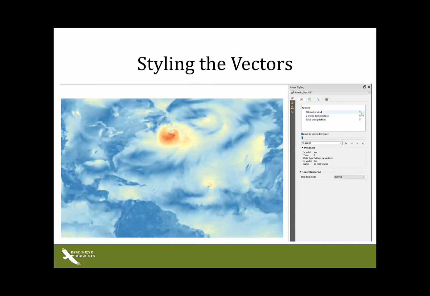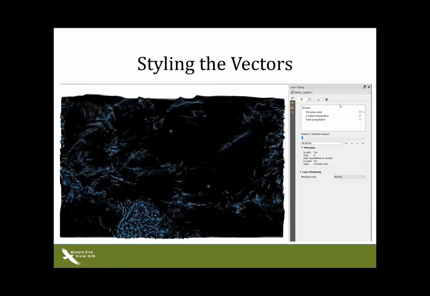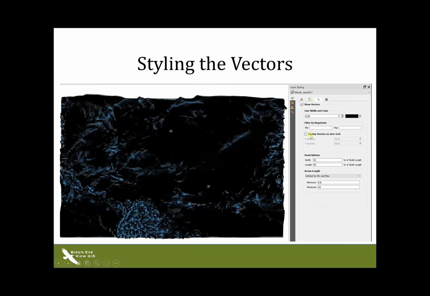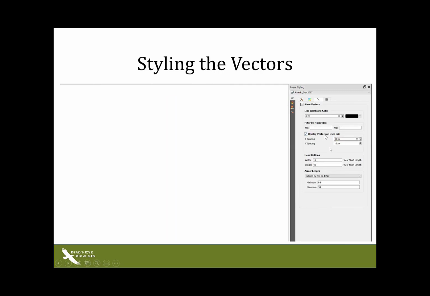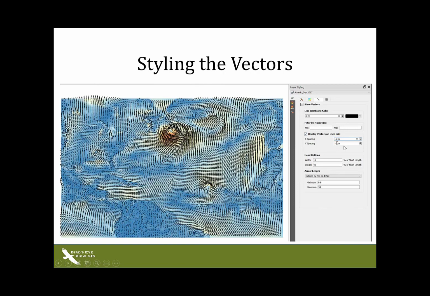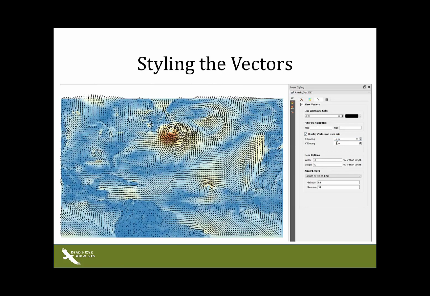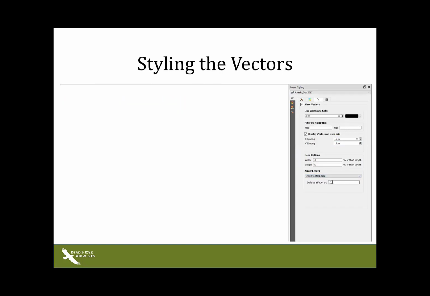So again, I'm going to go over here and check the arrow on that first hammer and screwdriver tab for wind, switch to the vector tab. I'm going to check display vectors on user grid and adjust the XY spacing to 15 pixels. For the arrow length, I'm going to scale to magnitude and reduce the scale factor down to 1.